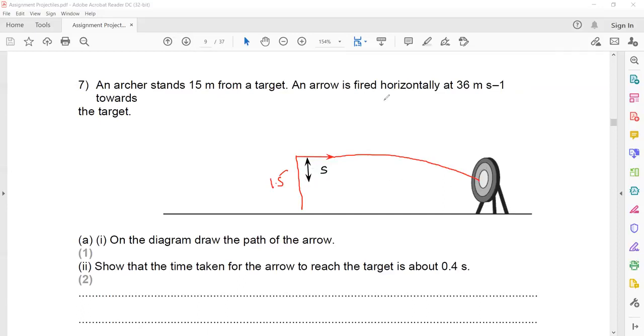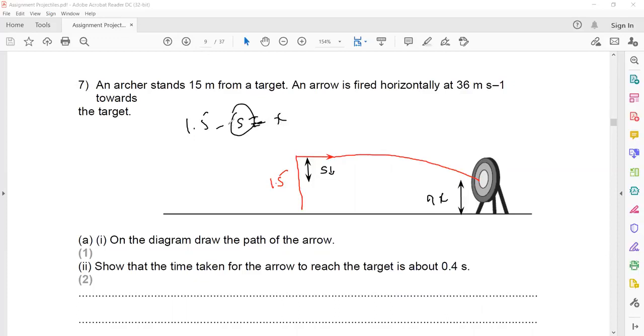If the vertical distance which it falls is smaller, the distance of the arrow above the ground will be higher. Is it clear? Because this value will decrease, the value of x will increase, because 1.5 minus s is equal to x.